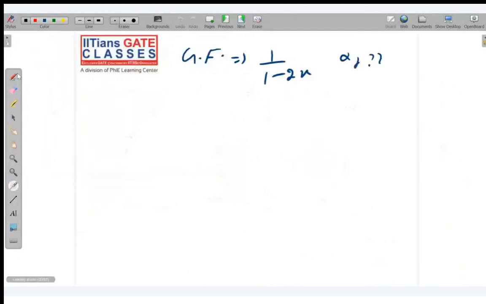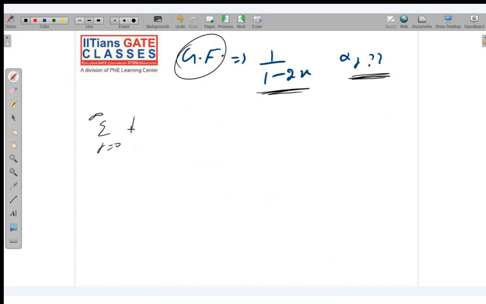So the next question: the generating function is 1 upon 1 minus 2x, and we want to find the numeric function a_r. So what should we do? Whatever we know, we will simply apply. We know sigma r = 0 to infinity x^r is 1 upon 1 minus x. Now we want 2x, so we replace x by 2x.